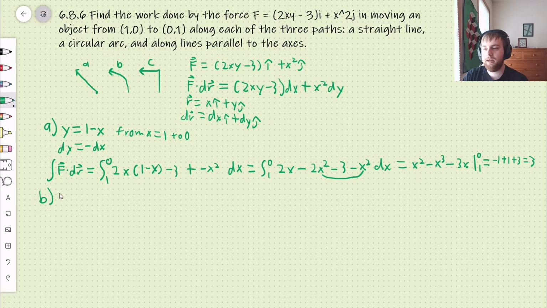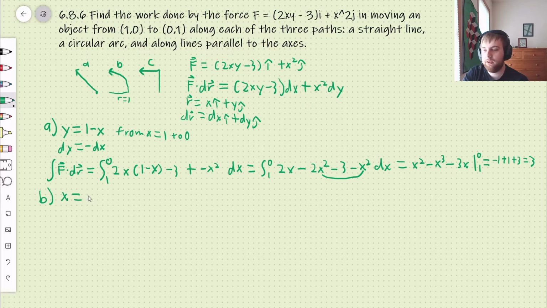For part B, since this is a circular arc, this one is better served by transforming it into polar coordinates. So we're going to do just that. Our r for this is 1, the radius is 1, and that's constant because it's a circular curve.